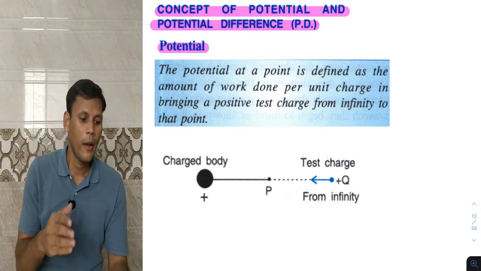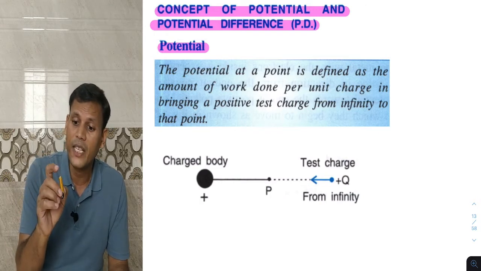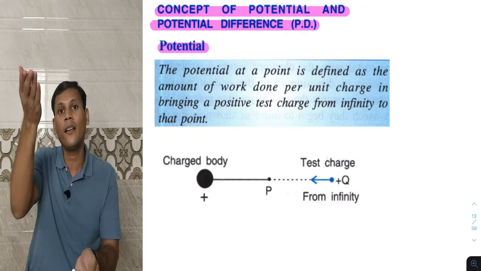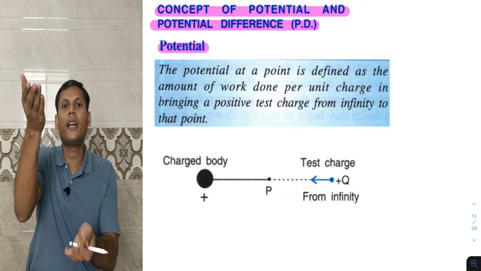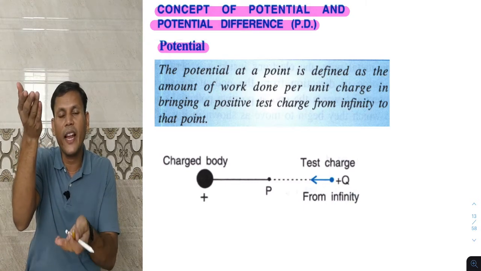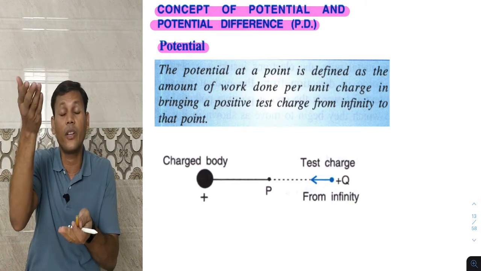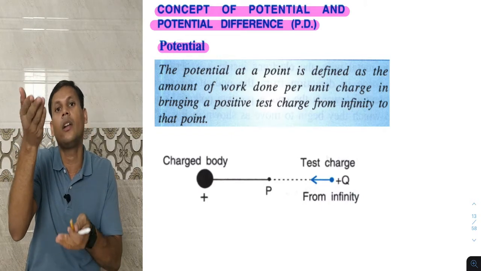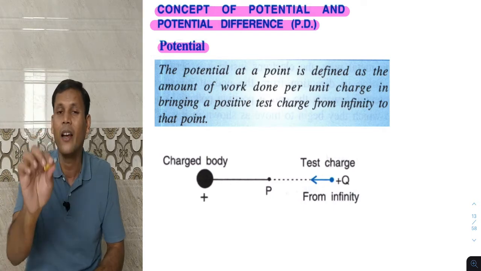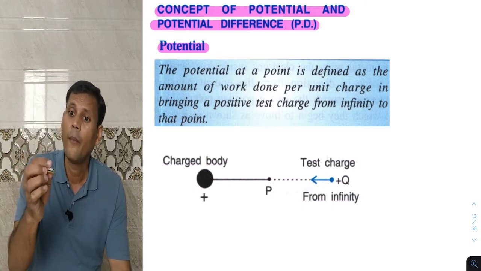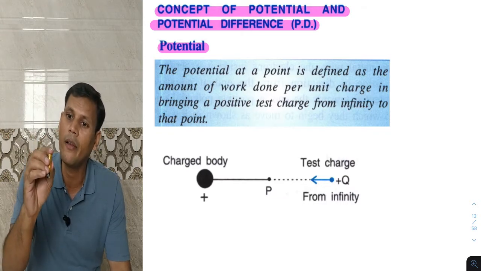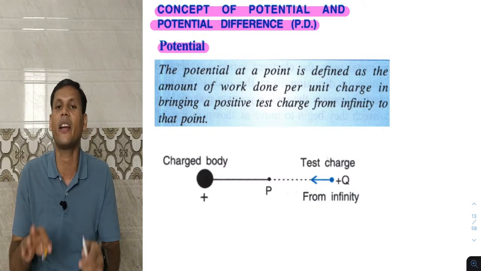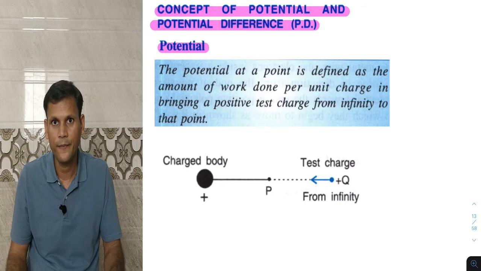In the same way, in a battery the positive potential means higher potential and the negative potential means lower potential, and the difference between the higher potential and lower potential is called the potential difference. For this cell, the potential difference will be positive potential minus negative potential.